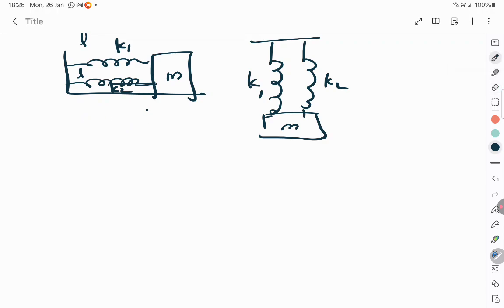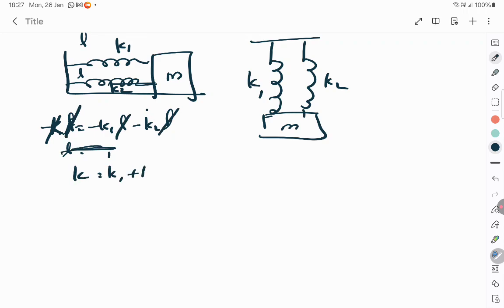The total force is minus k1 L minus k2 L, and this is minus K into L. L is the same here, so it's minus K1 into L minus K2 into L is equal to minus K into L, where L is getting cancelled. You get K is equal to K1 plus K2.